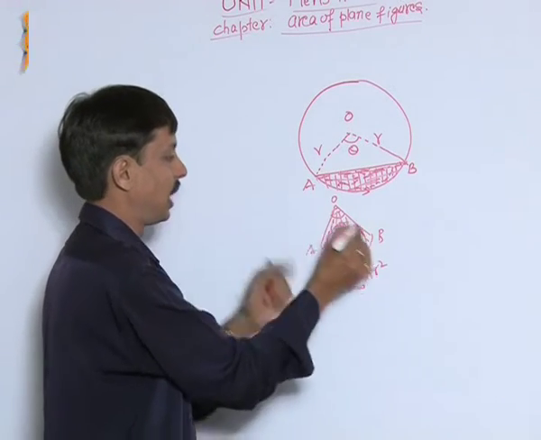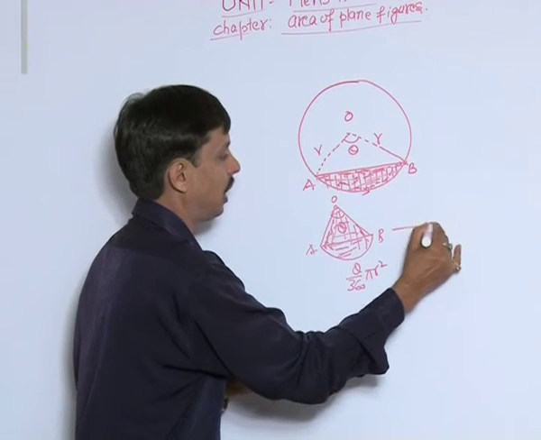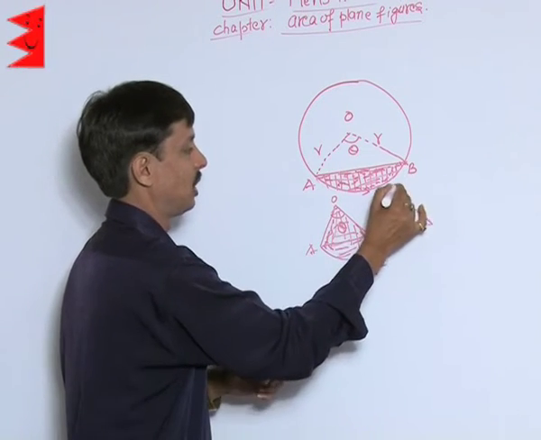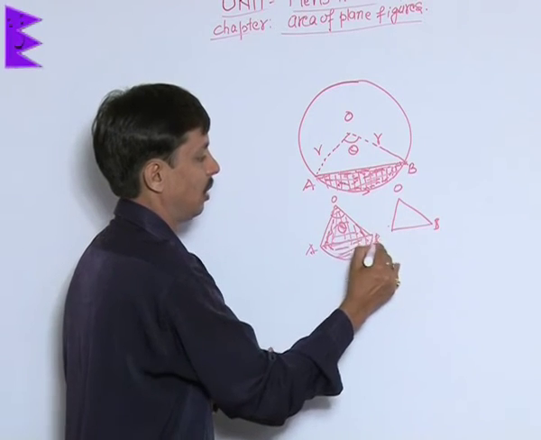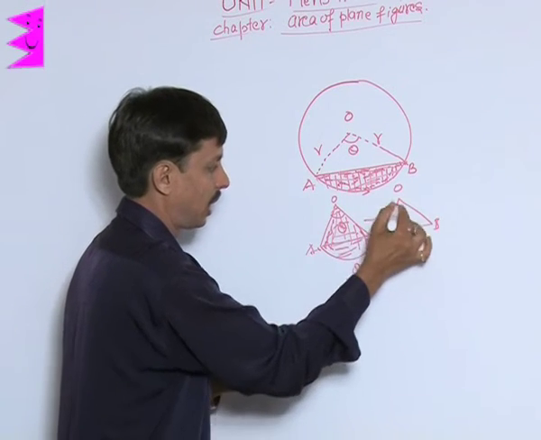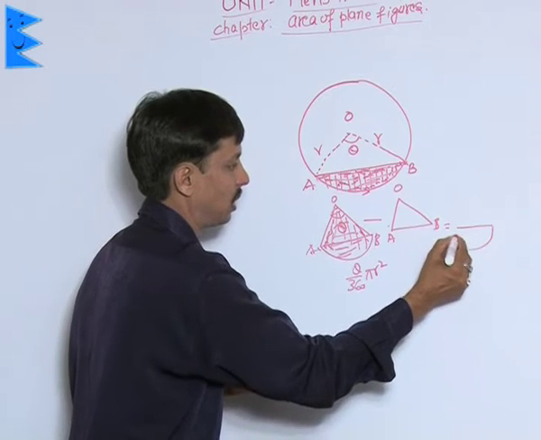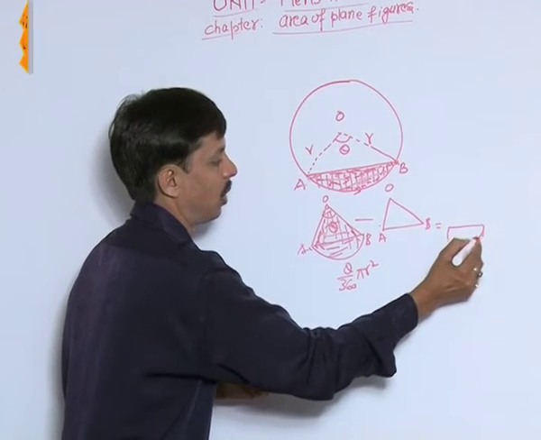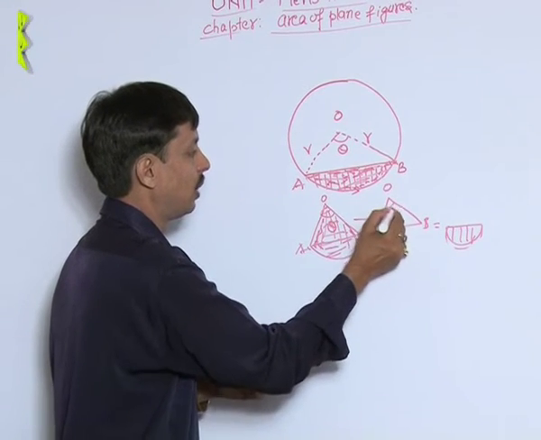Now from this sector, if this triangle OAB is removed, then we can obtain the segment, that is, the minor segment. What is the area of this triangle?